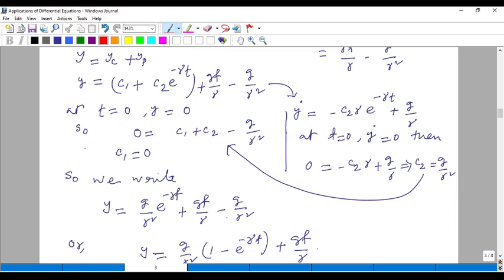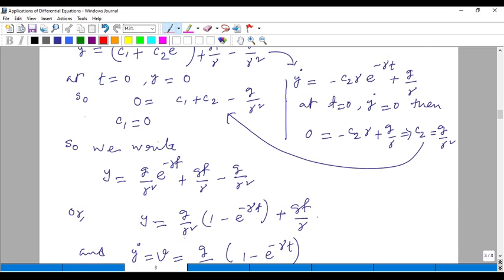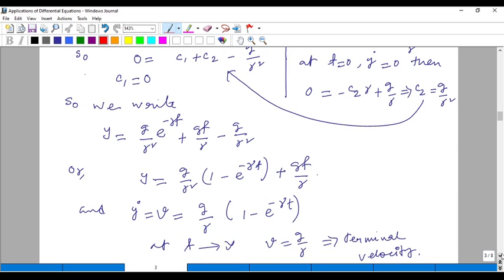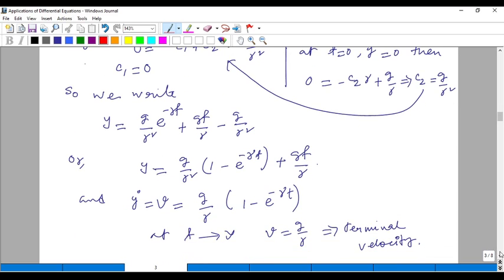So the complete expression of the solution is y equal to g by gamma square into 1 minus e to the power minus gamma t plus gt by gamma. This is the expression of y, and from it we can calculate the distance of the object from the origin at some time t.